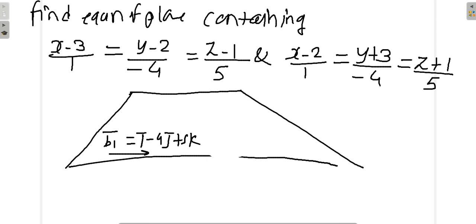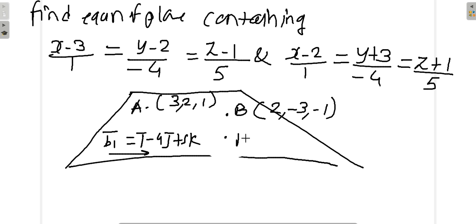Okay, what else do we have? The 2 points. These 2 points also lie on the plane. So let us take point A as 3 2 1. Let us take point B as this one, 2 minus 3 minus 1, and let us take point R as any general point, say x y z.